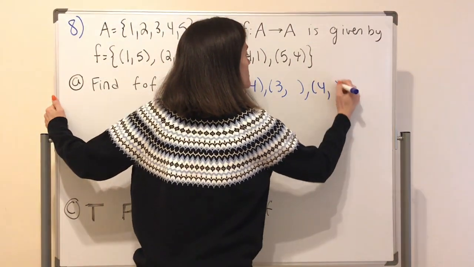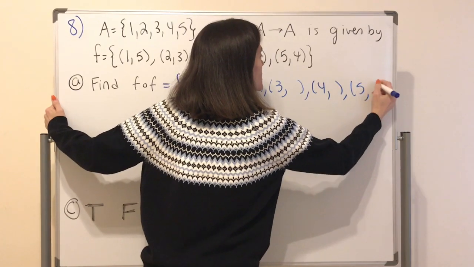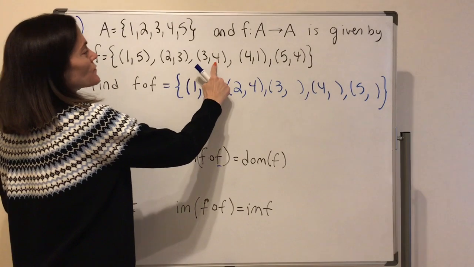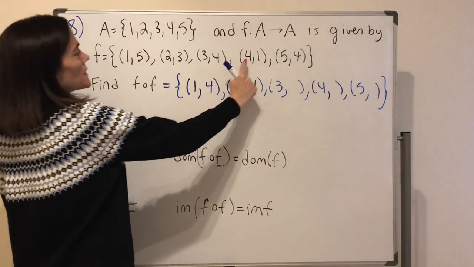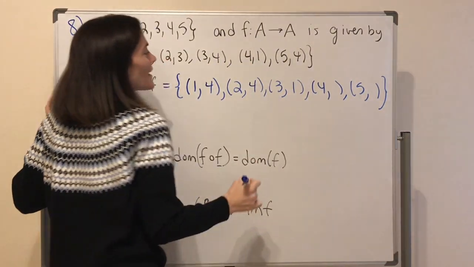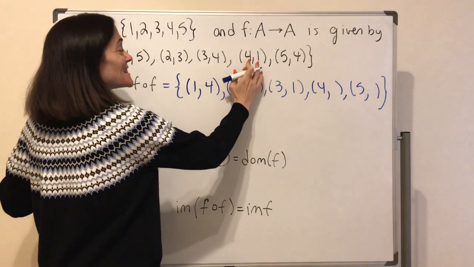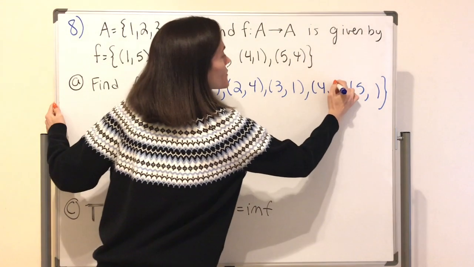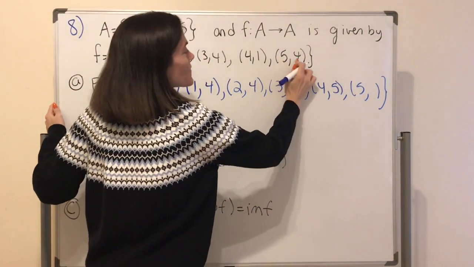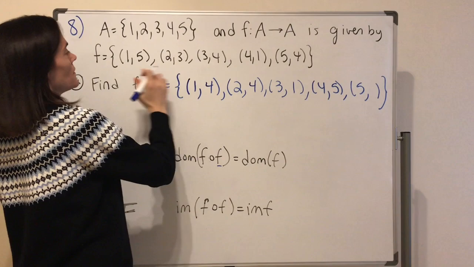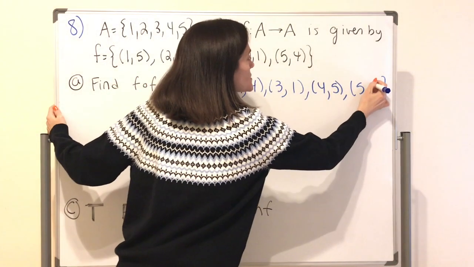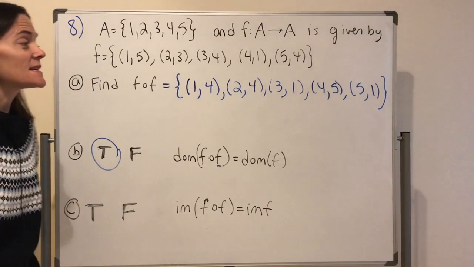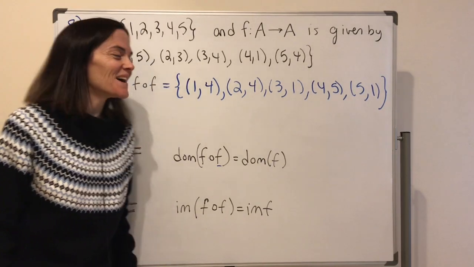Well, 3 goes to 4, that would be the first one, and then 4 goes to 1, so 3 goes to 1, and then we're almost done with this part. 4 goes to 1, 1 goes to 5, so 4 goes to 5, and finally 5 maps to 4, and let's see, 4 maps to 1. So f compose f of 5 is 1. Okay, so this was f compose f.